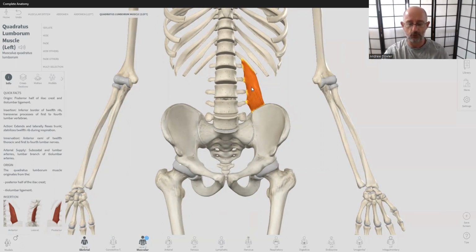And every muscle has what we call an action, okay, which means when it contracts, it pulls on the bone, what does the bone movement do? So for example, the Quadratus Lumborum's action, when it contracts on its own, is that it's a lumbar stabilizer. It also creates lumbar flexion and lumbar lateral flexion.